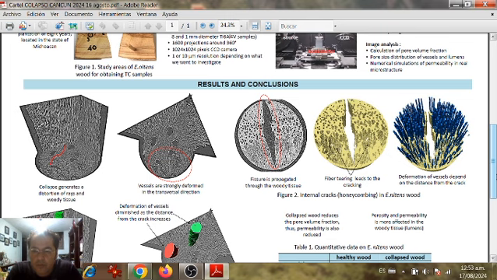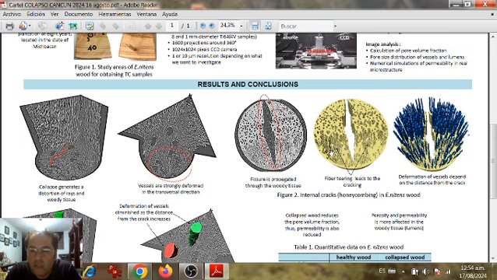So we are showing the sample of 10 millimeters diameter, in which we found a crack that was created during drying. We can notice that this part shows a lack of woody tissue. This is because this part was torn from this part.